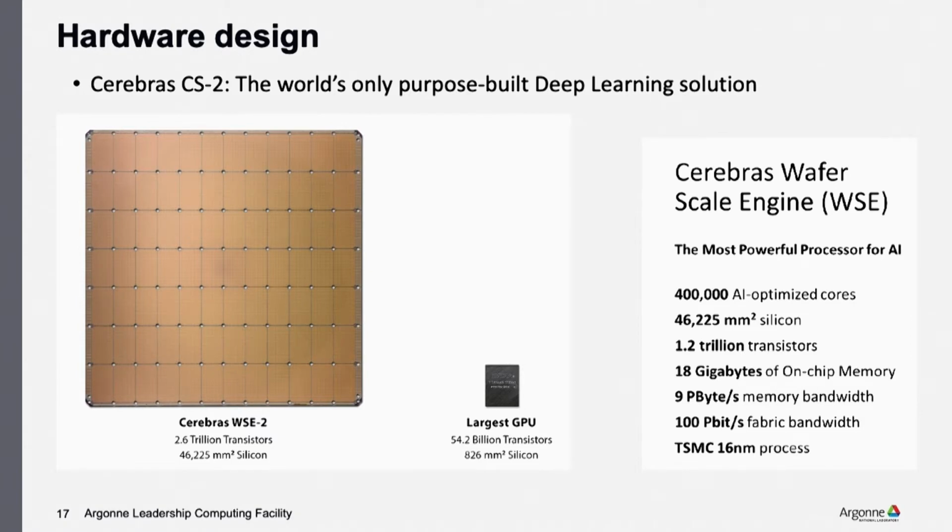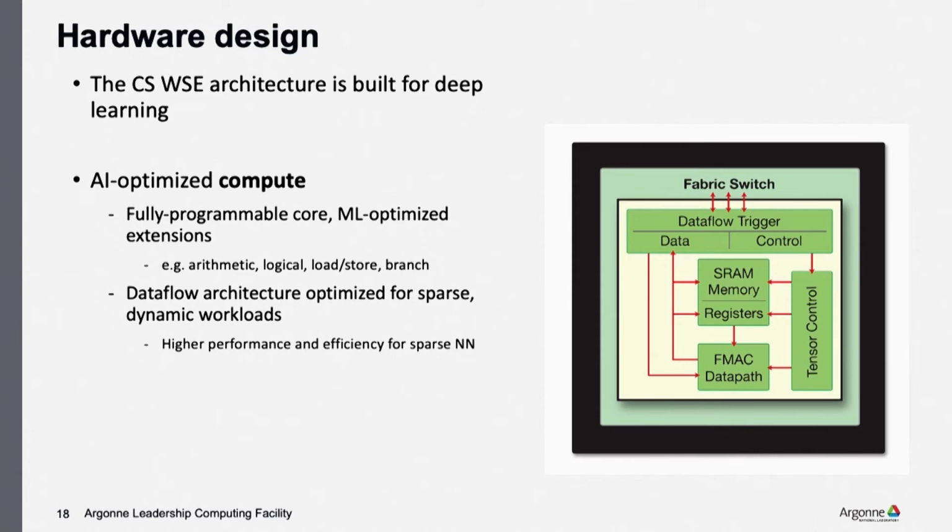It is very difficult to design this chip, and it has a lot of cores and can provide 18 gigabytes of on-chip memory. This is much bigger compared with the GPU, and the memory bandwidth and the fabric bandwidth are much higher. It uses the TSMC process, and this is the hardware.